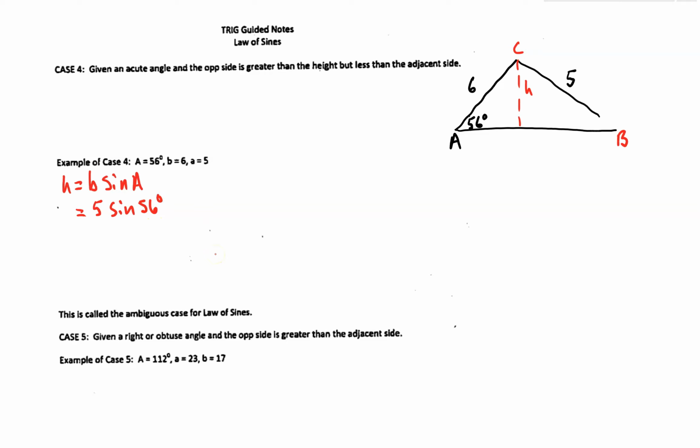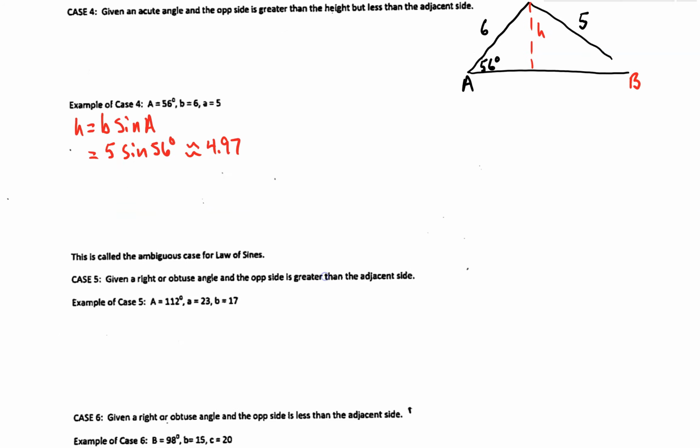This is going to be 5 sine of 56 degrees. When we do the math for that particular one, we're going to see that we have a length here of roughly 4.97. Now, given that, what is it that we're going to look for? Well, we're going to look for this height in relation to the opposite.